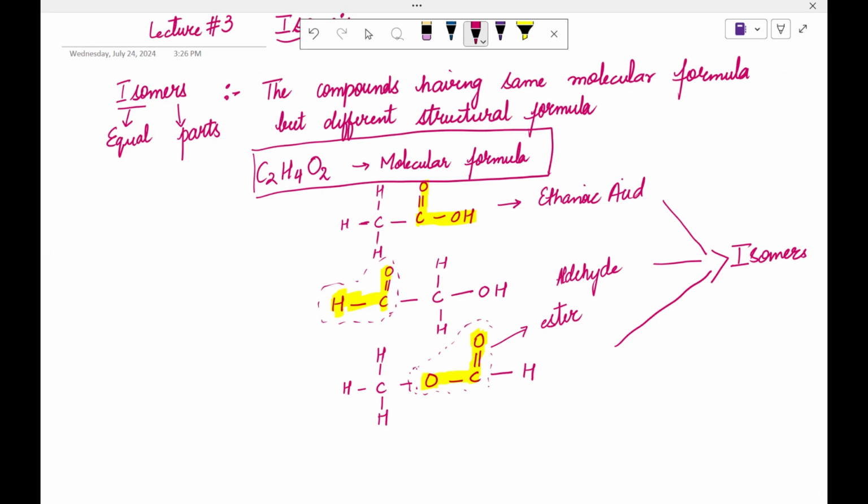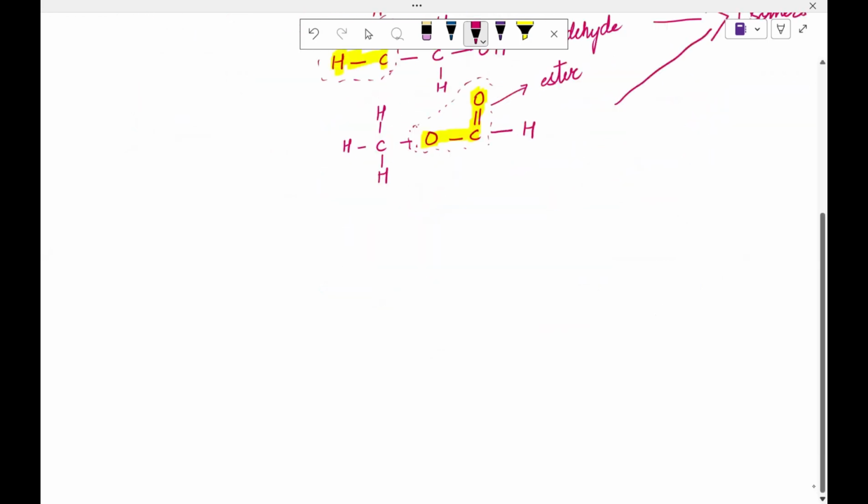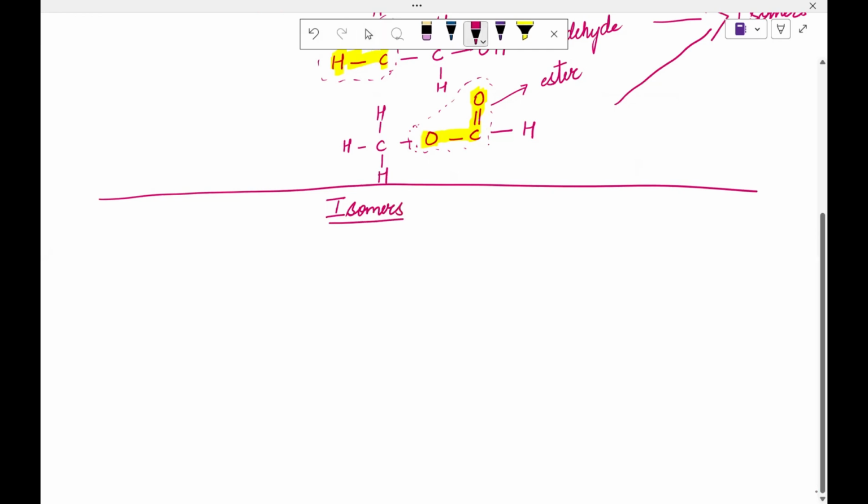Now, there are basically two types of isomers that we are going to study in our AS chemistry course.